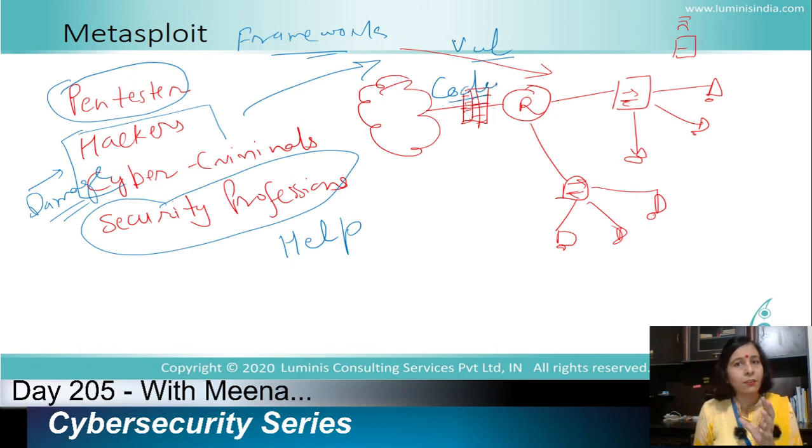First of all they will find the vulnerability, and then they need some code, some commands, some software to perform the attack on the target machine or on the target network. With the help of the code or the commands, they will perform the attack on the machine.